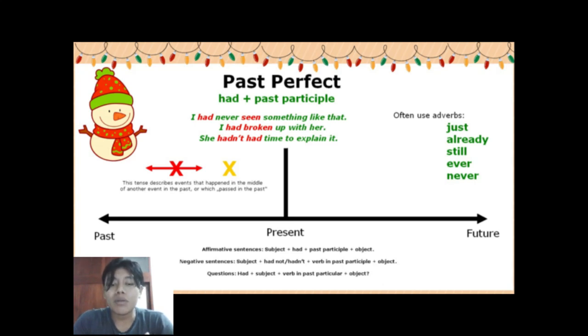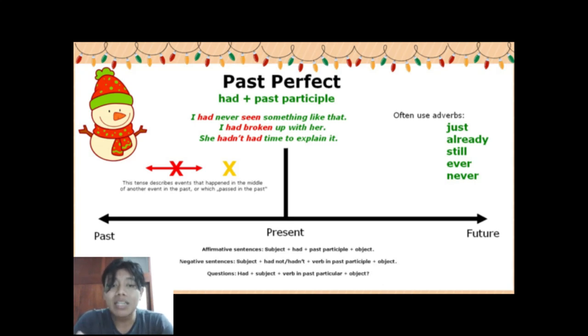When we want to use the past perfect, we need to consider that the action finished before another action. But don't worry about this point, because we are going to explain it with examples in the next slides. But at this point, we need to learn how we can construct the past perfect.